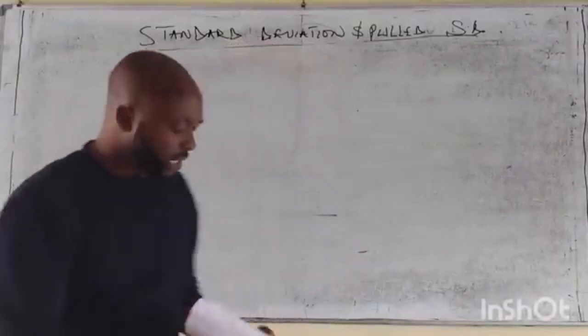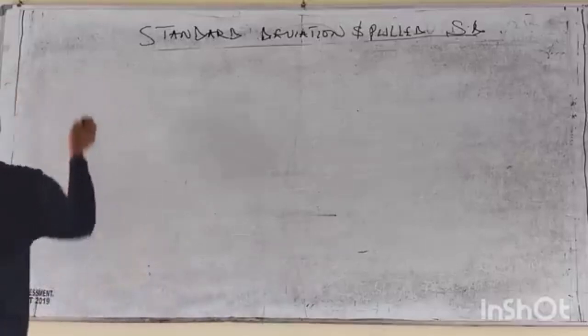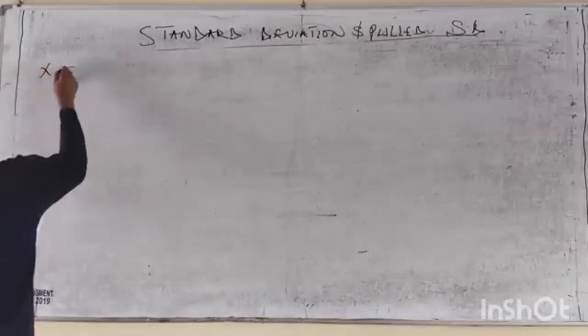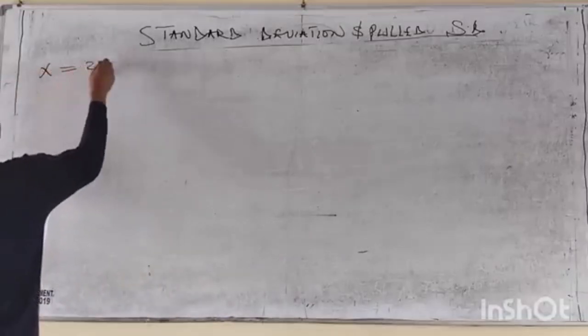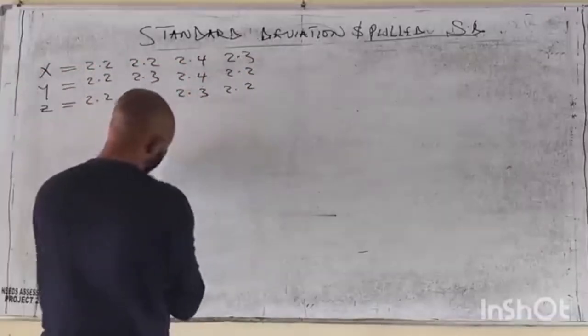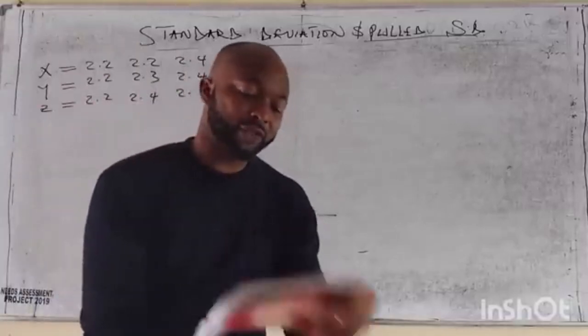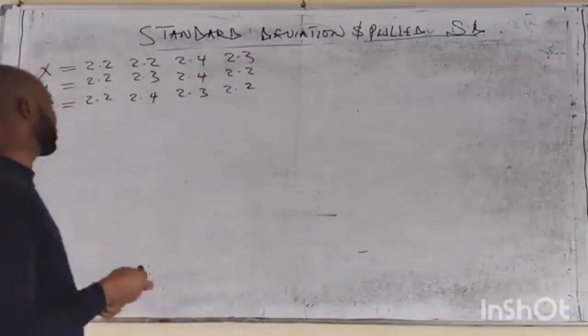We should calculate the pooled standard deviation of the following experimental results: x, y, and z. X is given to be 2.2. Now, the formula for pooled standard deviation, let me bring it up first.